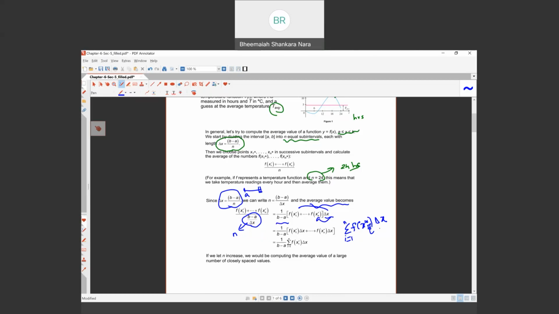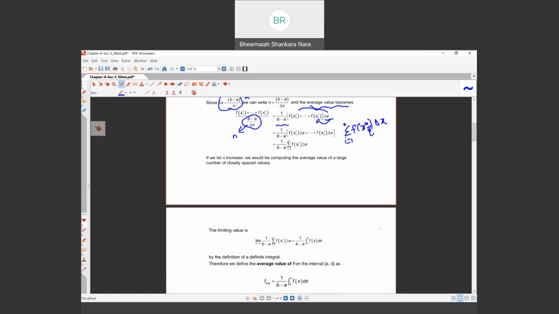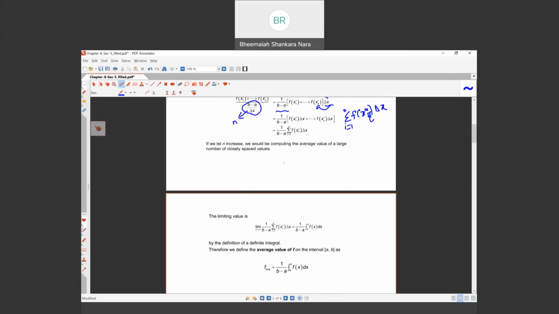Now suppose we increase this n value, then we like to compute average value of large number of closely spaced values, and hence we have this limiting condition, and the limiting condition is rewritten in the form of integration. So from here to here, the difference is you increase n. As you increase n, you have infinite number of n, hence this limiting condition, n approaches infinity.